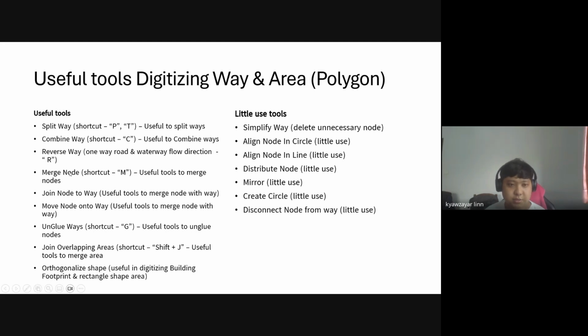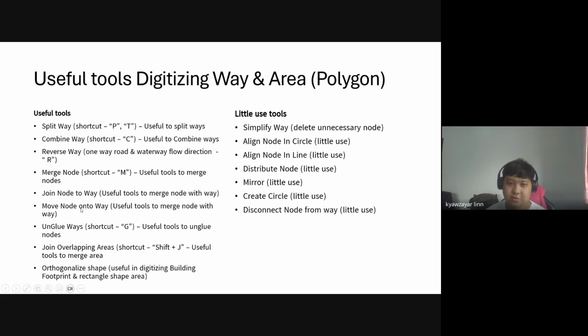The other thing is merge node. This is very, very interesting, and a tool very useful for me. In merging nodes, you also see there's join node to way or move node to way. This is the merge node.